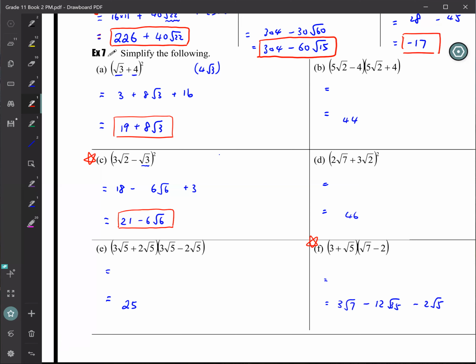Okay, let's look at B. I think I remember it was Jenny, right? Yeah. So which formula is question B? Number 1, 2, 3. Which one should we use? Actually, I don't know.